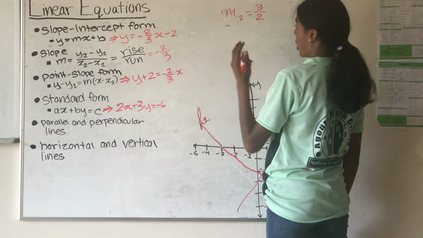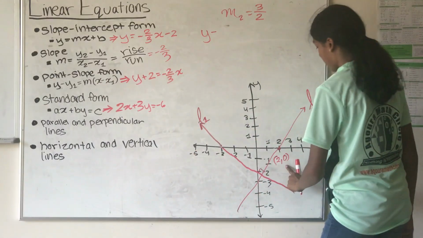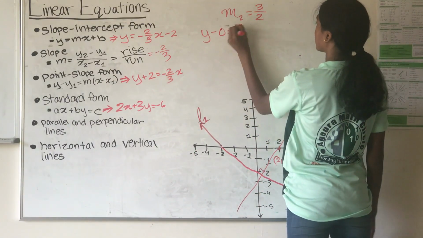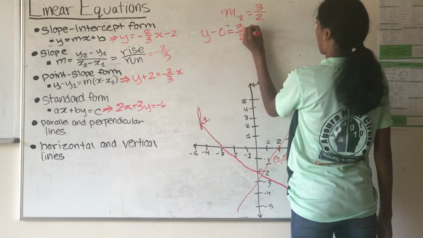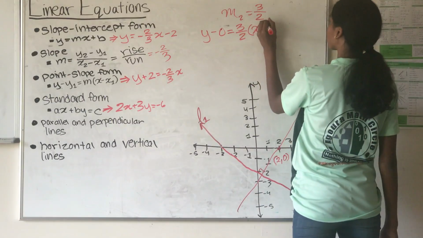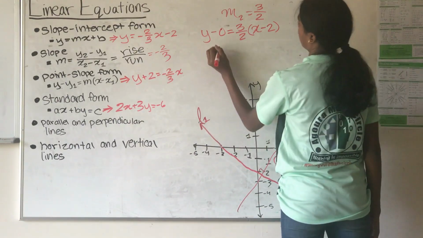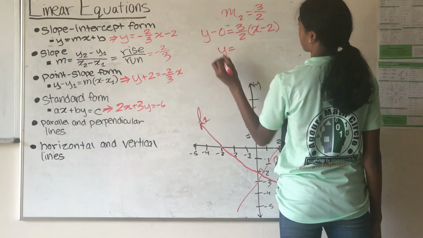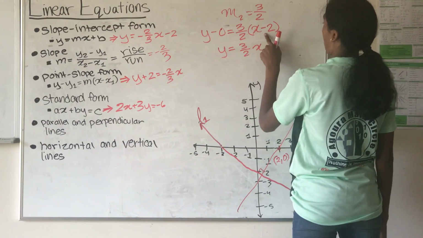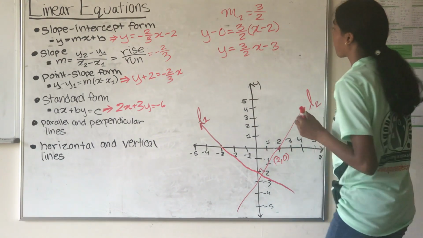So putting it in, we get y minus, our y1 is going to be 0, is equal to our slope 3/2 times x minus 2, and simplifying, we get y equals 3/2 x, and then the 2 will cancel out, -3.